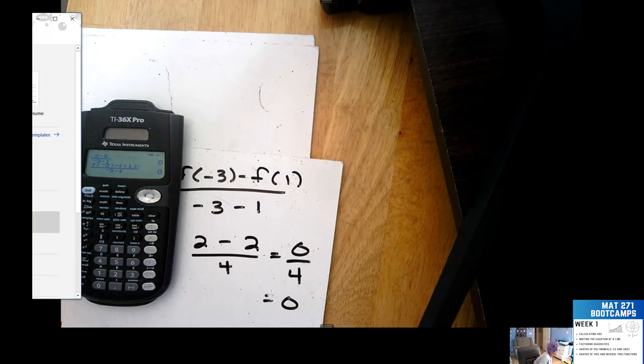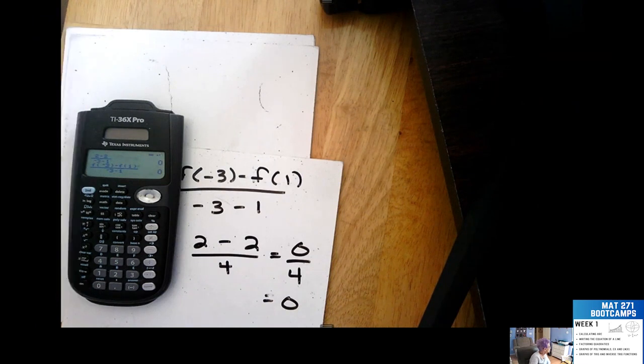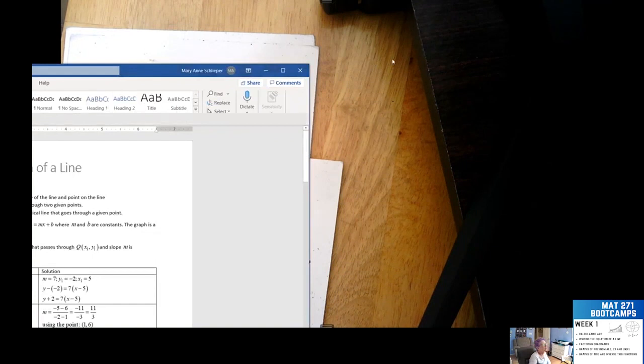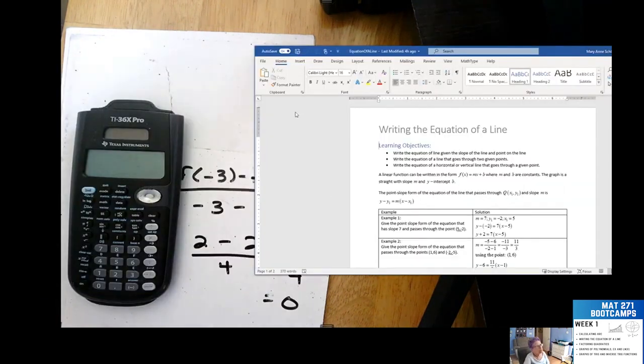File open. There we go. Bootcamp worksheets. There's the one I want. Okay, so you probably already have this one open.